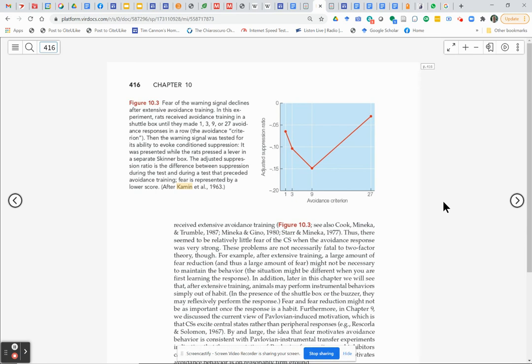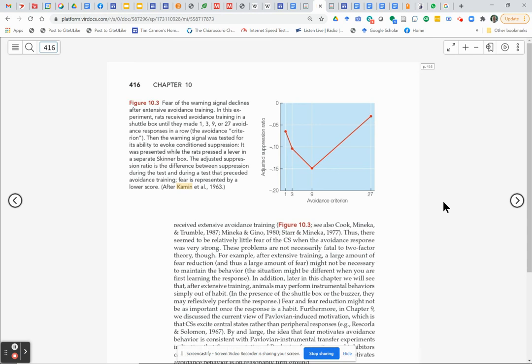You have the CS that is associated with shock, and you have different avoidance criteria: 1 response, 3 responses, 9 responses, and 27 responses. What's interesting is that if 1 response does it, you don't get much suppression. 3 gives more suppression, 9 more suppression.